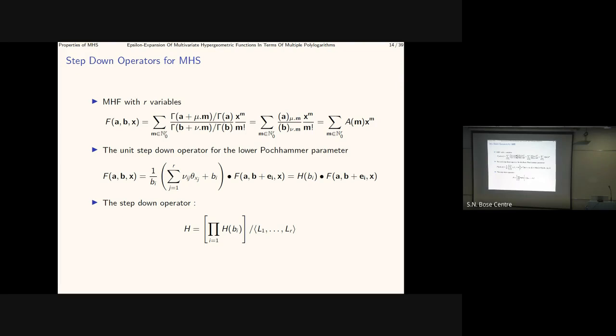If you need to reduce this parameter multiple times, you multiply all those operators and take the quotient with respect to all the annihilators of this function. So this is how you construct the step down operator.